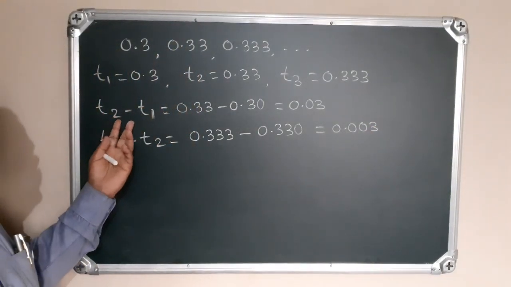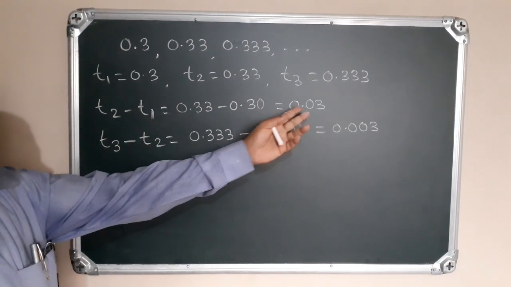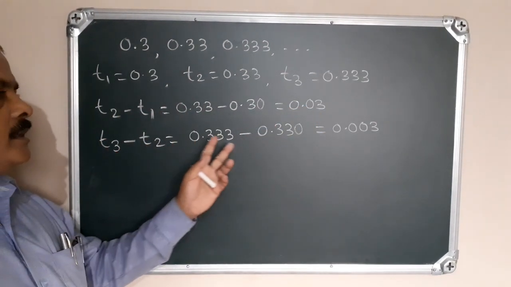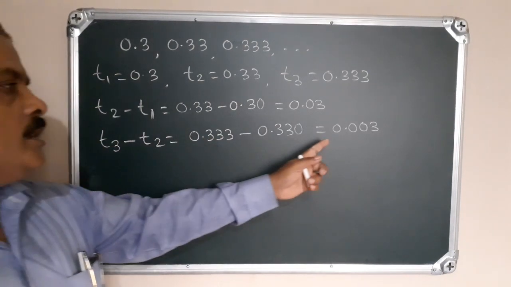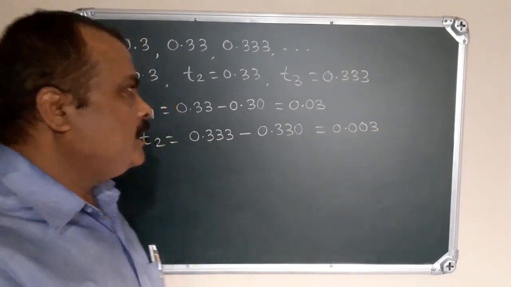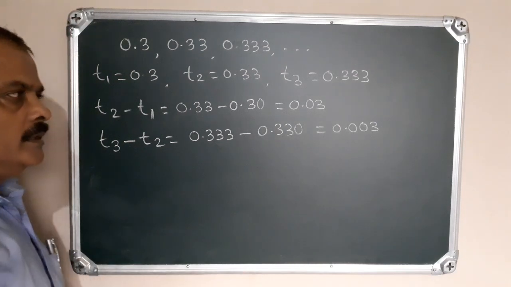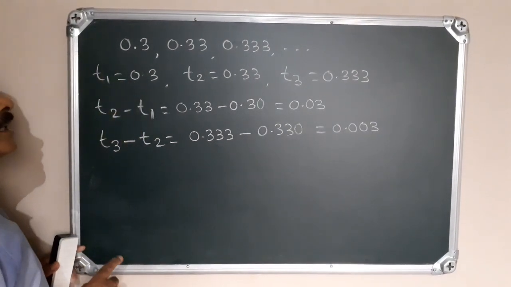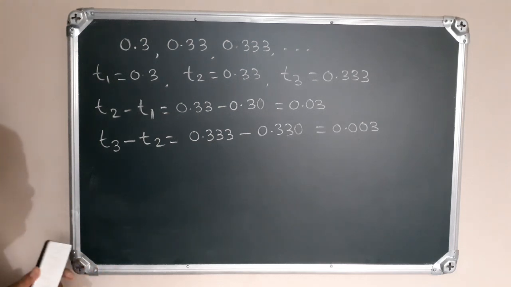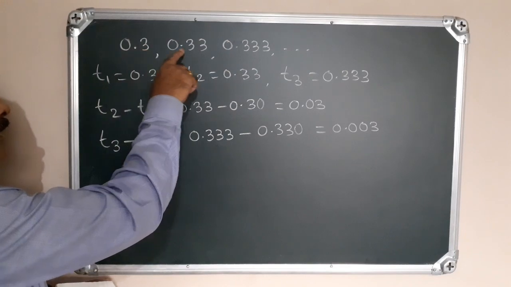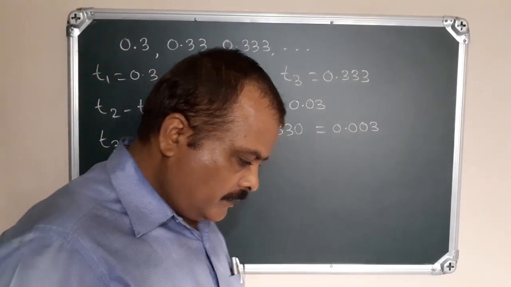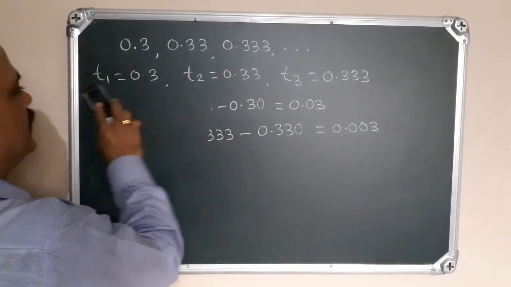See here, the difference between the first two terms is 0.03 and the difference between the second two terms, that is T3 minus T2, is 0.003, which is not constant, which is not the same. Therefore, the given sequence is not an AP. So this sequence, 0.3, is not an AP. Now, another example.